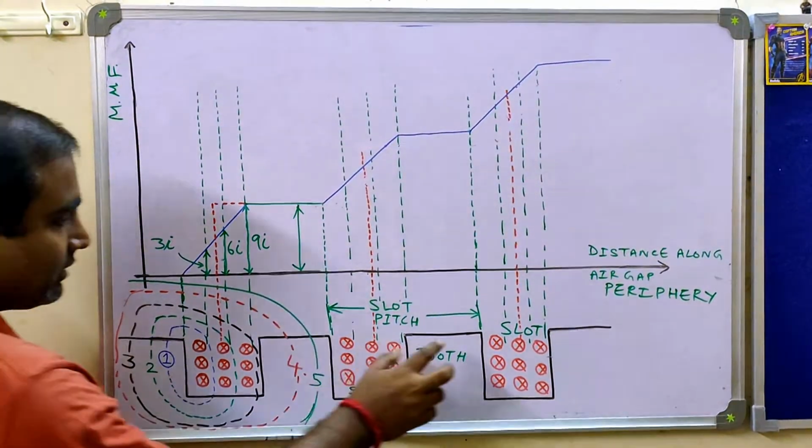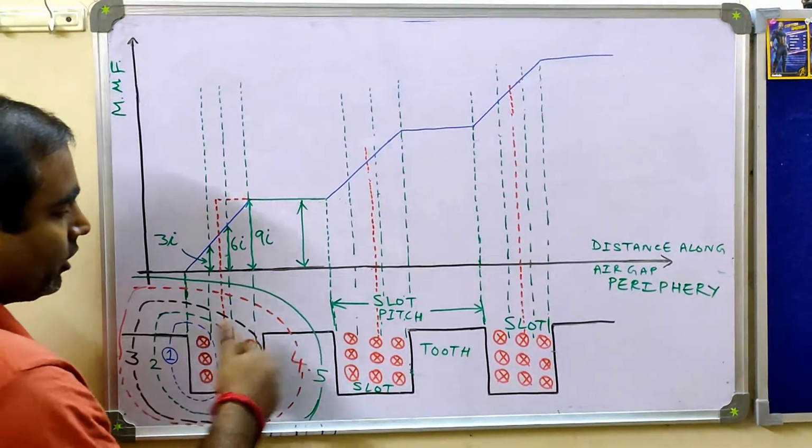That's why all the conductors are carrying the same current. Let's say they are carrying cross current here.